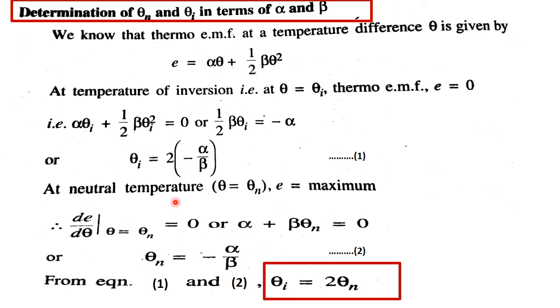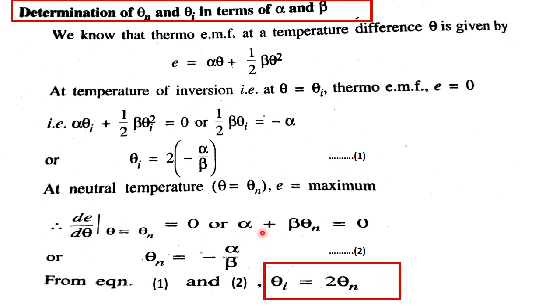The second case is when the temperature difference is equal to the neutral temperature, where EMF is maximum. We know that maximum means constant. If I differentiate it with respect to temperature, it is going to give me the 0 value. That means the differentiation of EMF at neutral temperature will be 0, which is also known as the Seebeck coefficient or thermoelectric power.